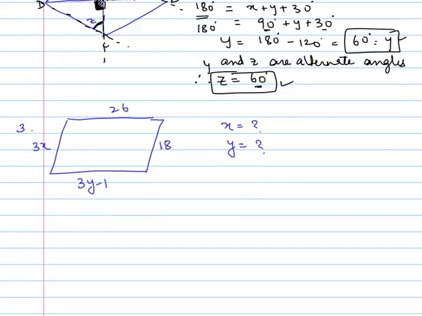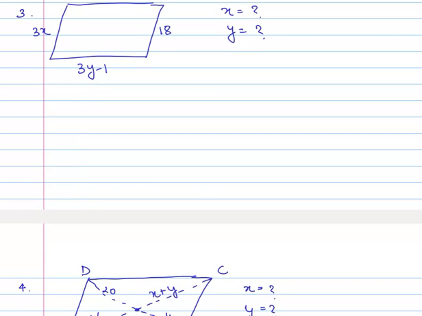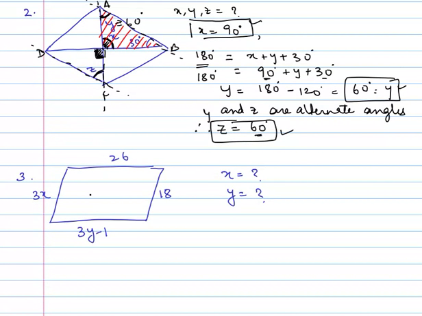Now let us look at another question which says that this is a parallelogram ABCD. Now in this parallelogram we have been given the lengths of the sides, right? This 3x is the length of AD, BC, DC and AB.